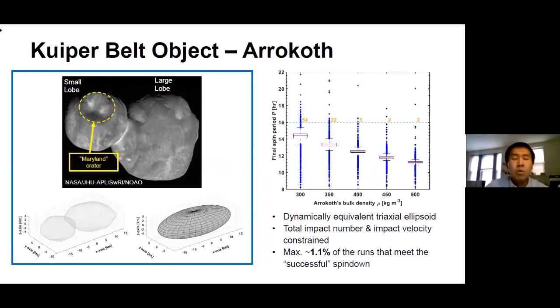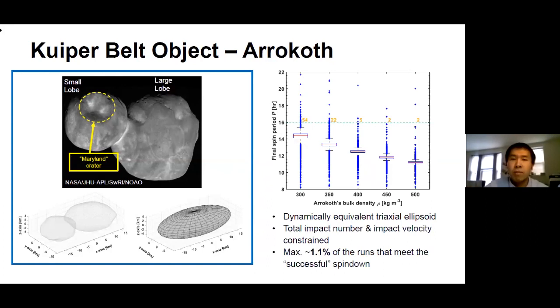And then I chose 100 impacts to collide with this triaxial ellipsoid with various impact velocity and size distributions from the pre-encounter predictions. I ran 5,000 simulations for each Arrokoth bulk density that I chose, as shown on the right-hand side, from 300 kilograms per cubic meter to 500 kilograms per cubic meter.